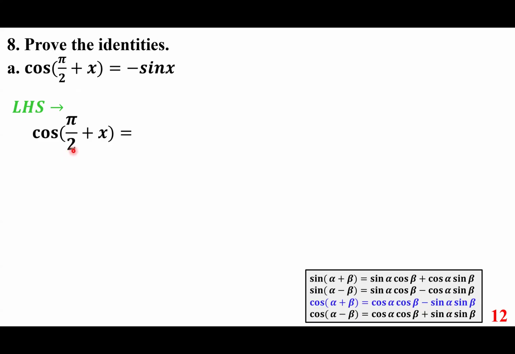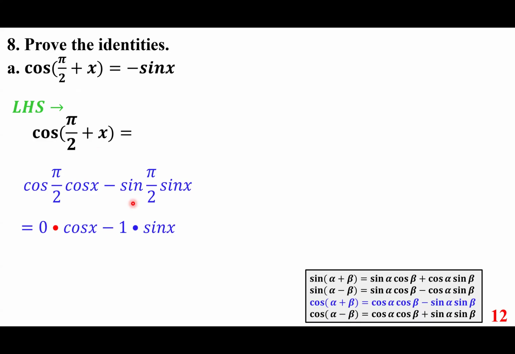So cosine of pi over 2, cosine of x, minus sine of pi over 2, sine x. And of course, cosine of pi over 2 is 0, sine of pi over 2 is 1. So we have 0 times cosine x minus 1 times sine x. This goes to 0. This is simply minus sine x. And believe it or not, that's the proof.